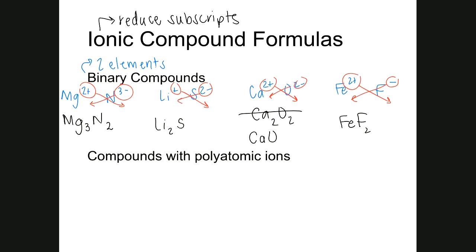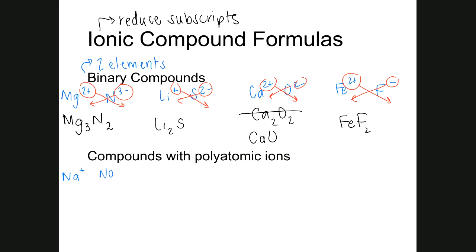So let's look at what happens when we have polyatomic ions. We're still going to look at the exact same method where we take our charges and we cross them and make them subscripts. So let's say, for instance, we're looking at sodium with nitrate. So sodium we know is Na+ from the periodic table.